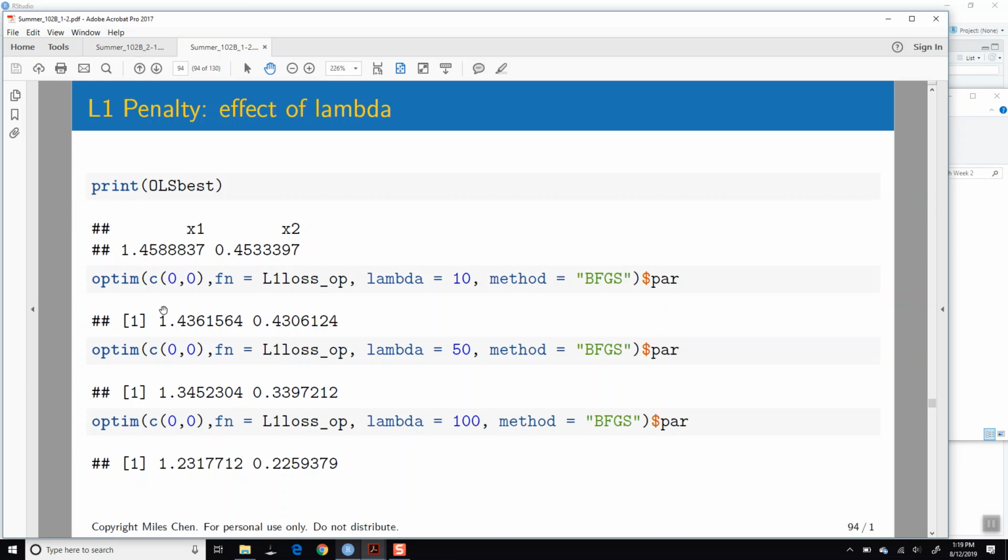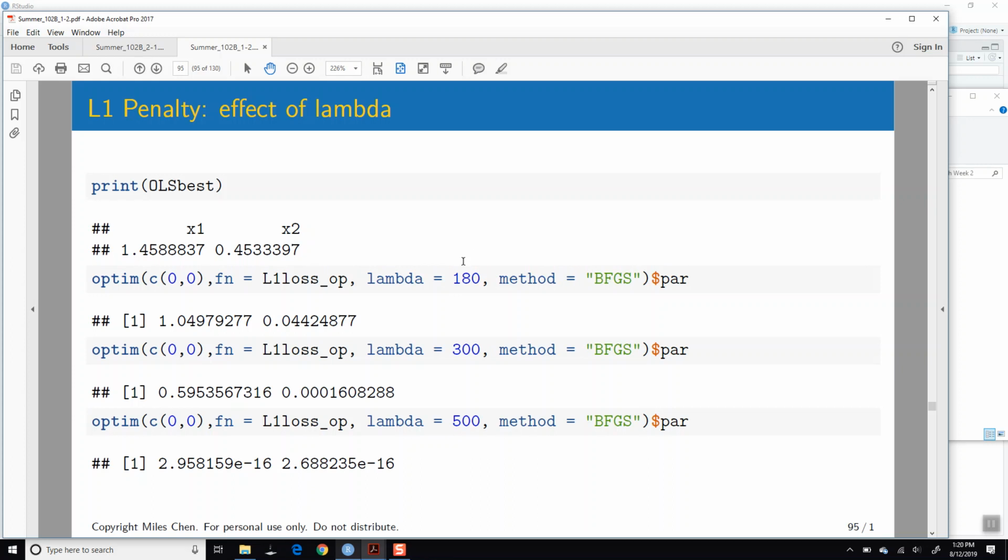If I use lambda equal to 10, this pushes 1.458 down to 1.436 and 0.453 down to 0.43. If I increase lambda to 50, both get smaller, and if I increase lambda to 100, both get smaller still. So increasing lambda pushes down both the W1 coefficient and the W2 coefficient.